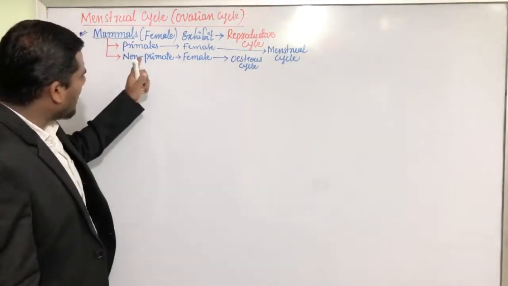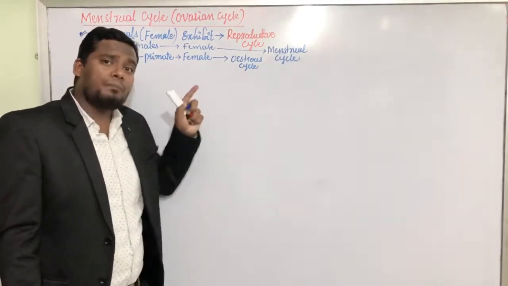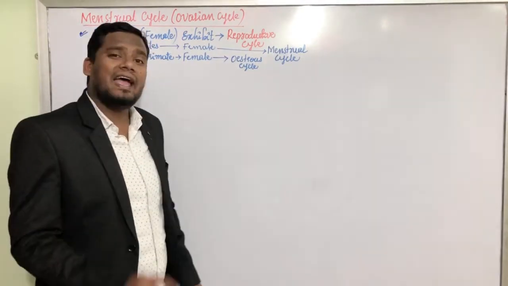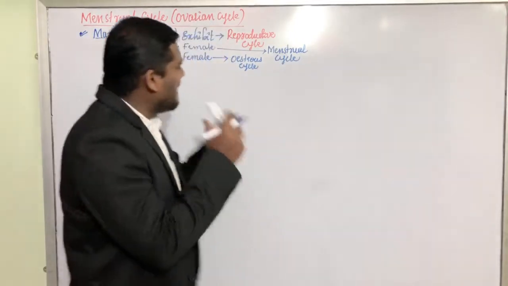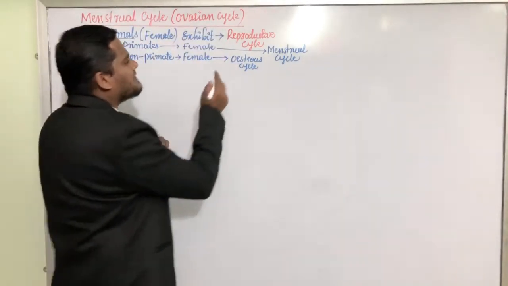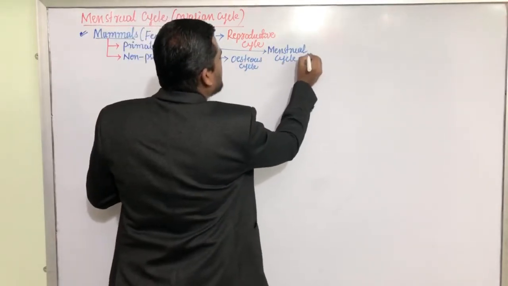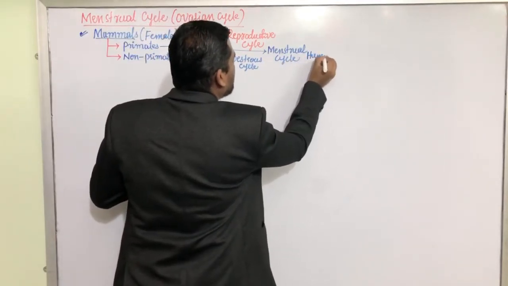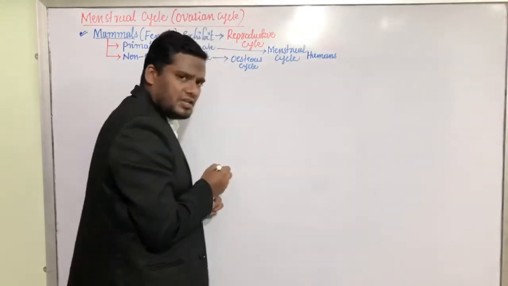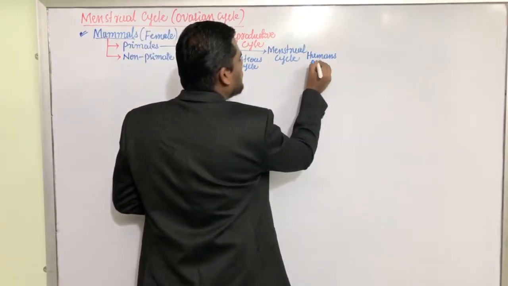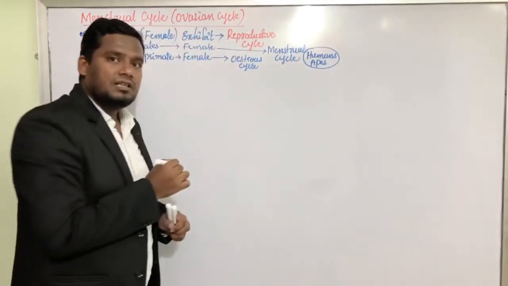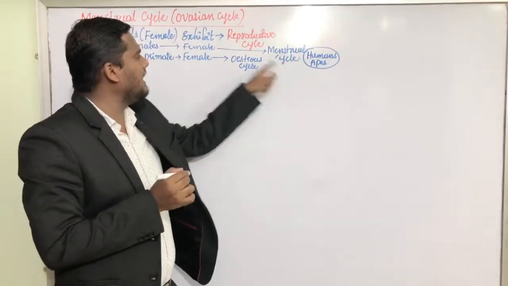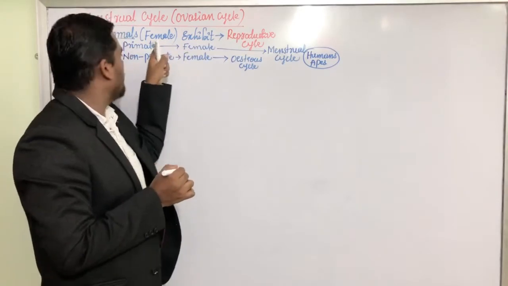Now, what are the examples for primates and what are the examples for non-primates? Primates' best examples are human beings, apes, chimpanzees, gorillas.